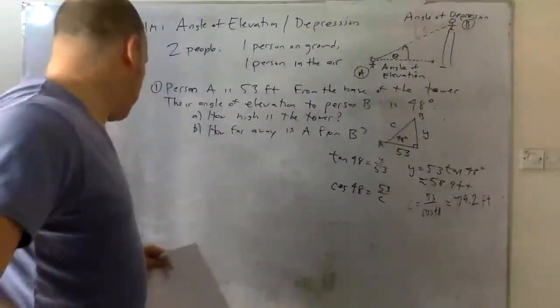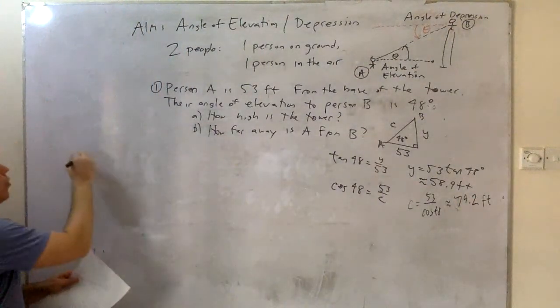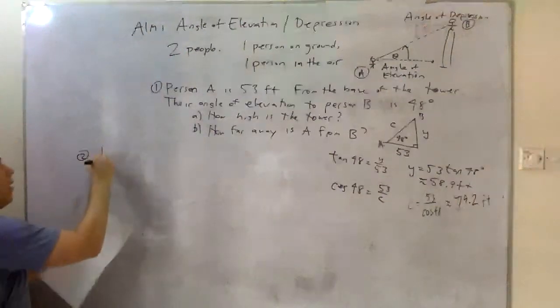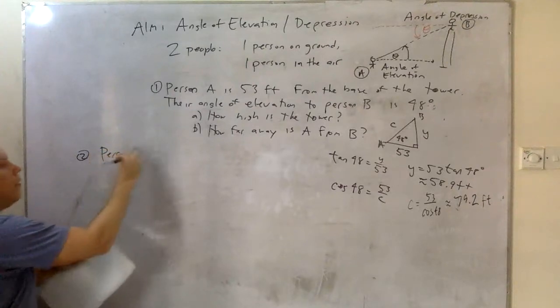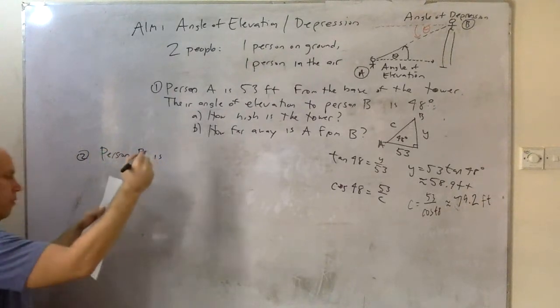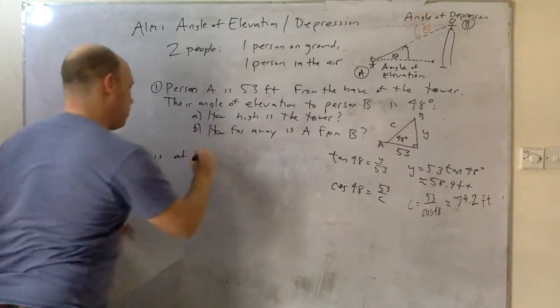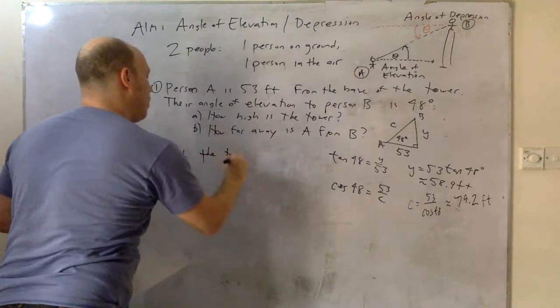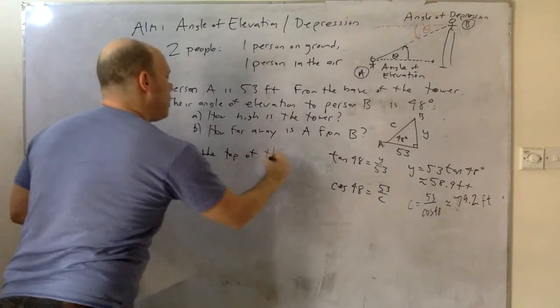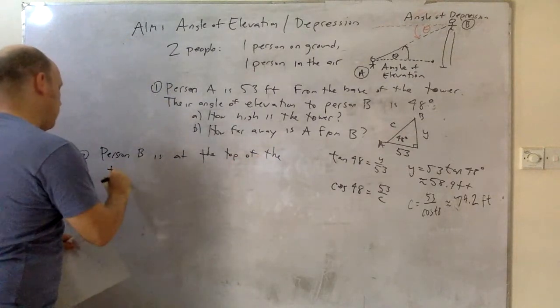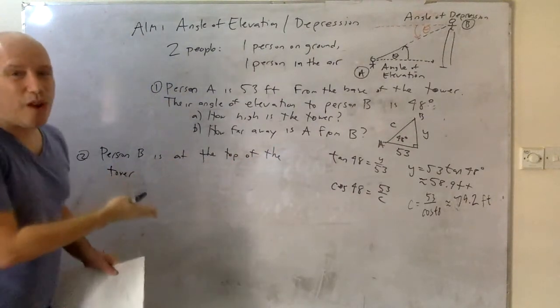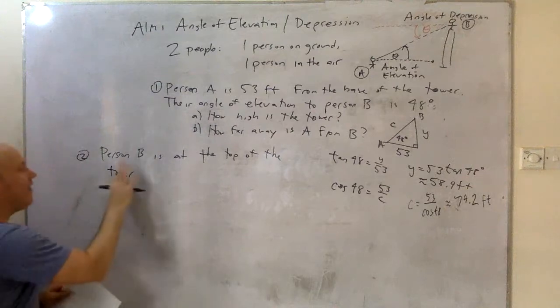So let's get that down here. Question number 2. Person B is at the top of the tower. Obviously, it's a new question, so we're starting over again.